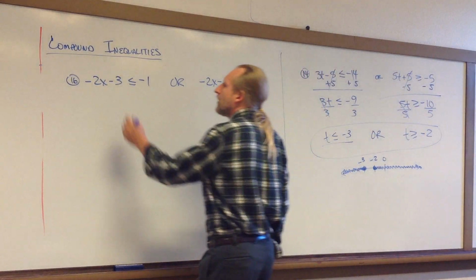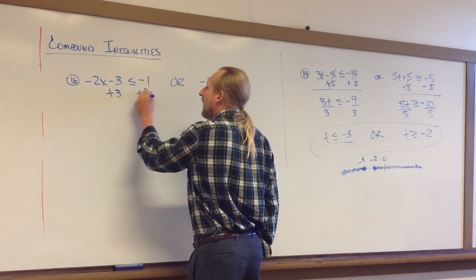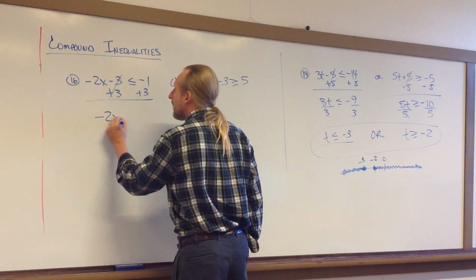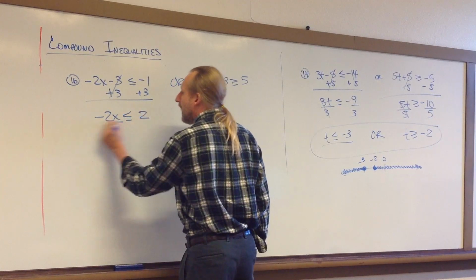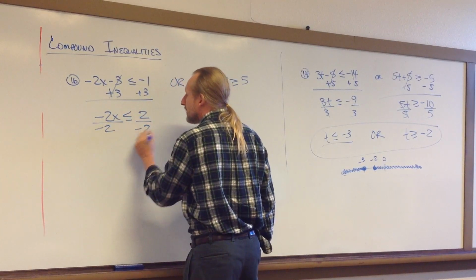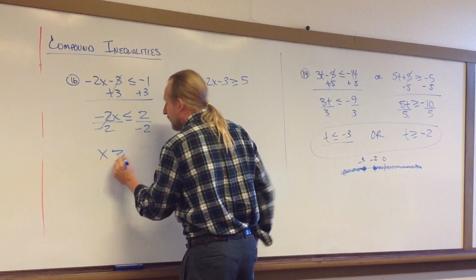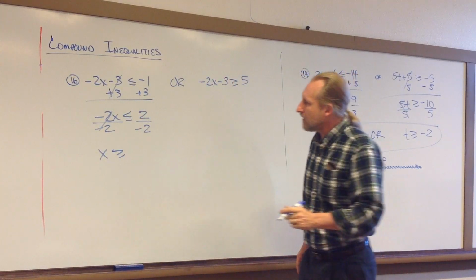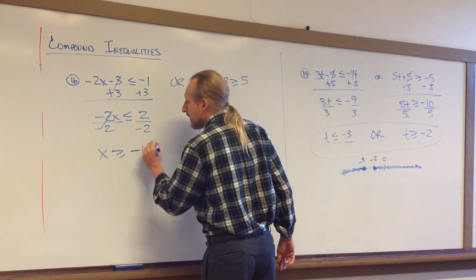Okay, so here we'll add 3 to both sides, and then divide on both sides by -2. So that will flip around the inequality and leave us with a -1 here.